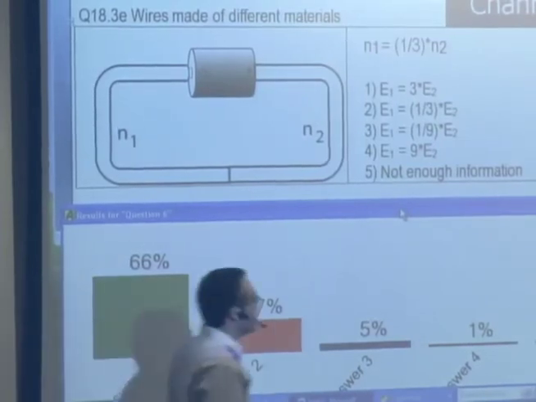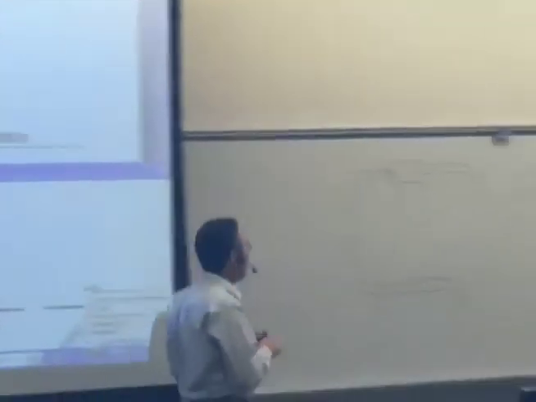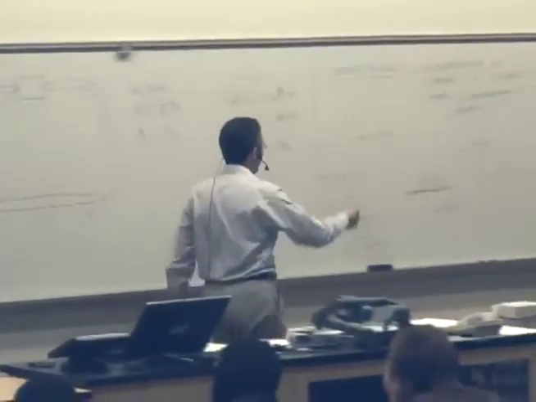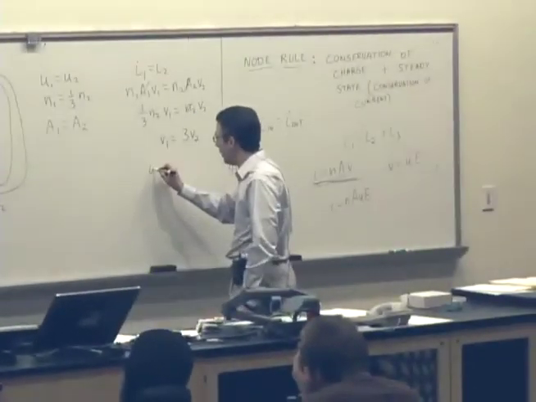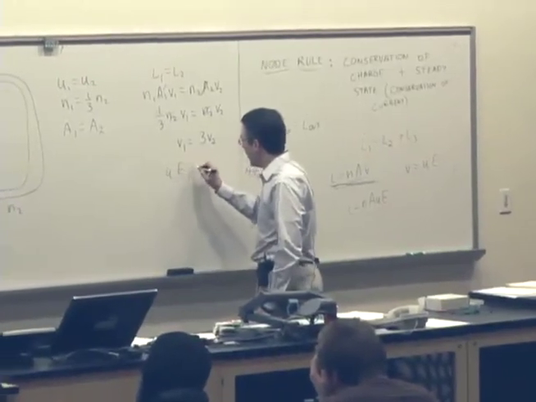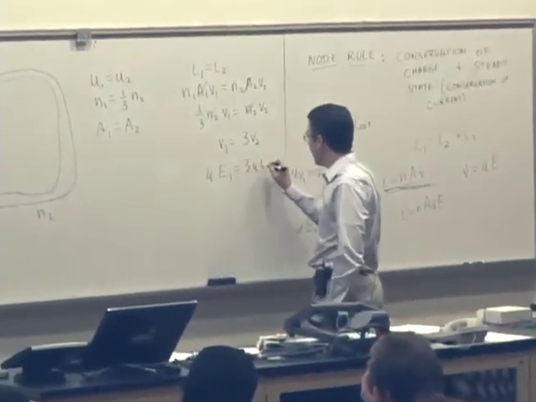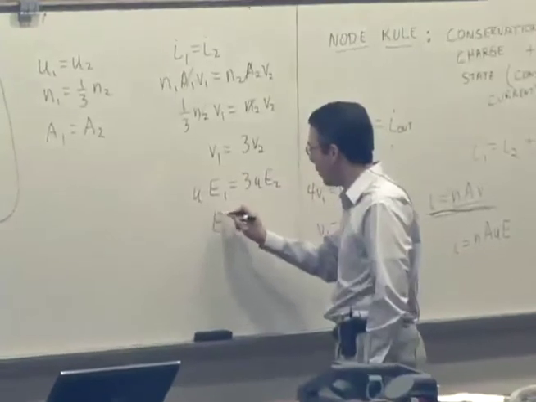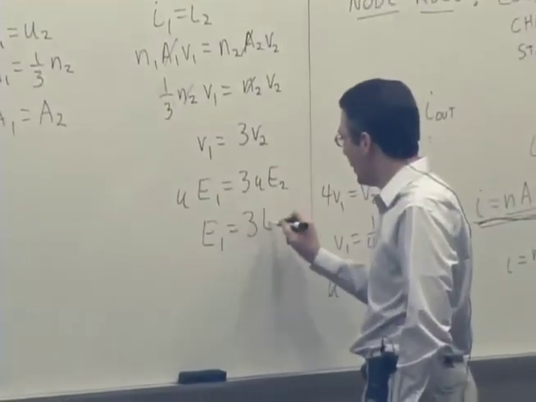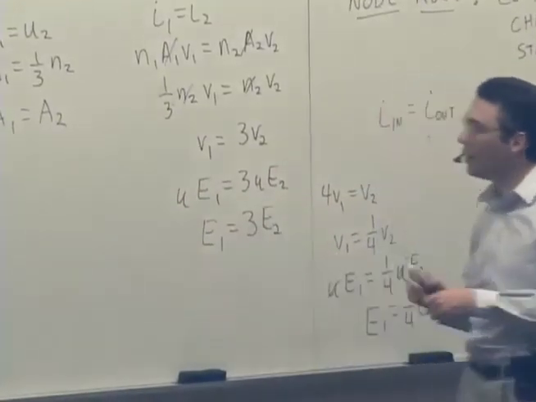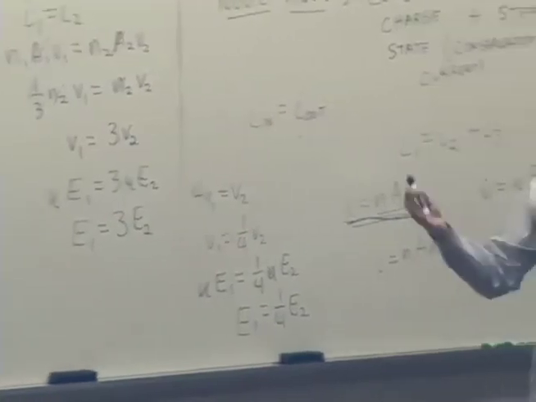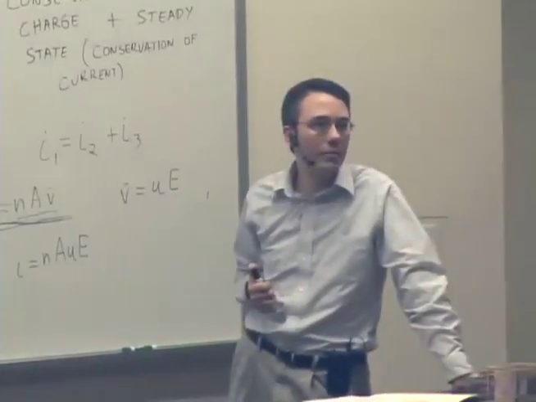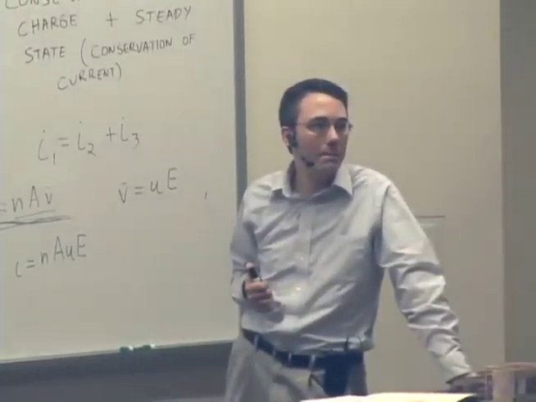Okay, so if they're moving faster in wire 1, and we know the relationship between V and the electric field, U times E1 is 3 times U E2. You have to have a larger electric field in wire number 1 in order to get them to move faster so that the current stays the same in both wires. Okay? Questions?